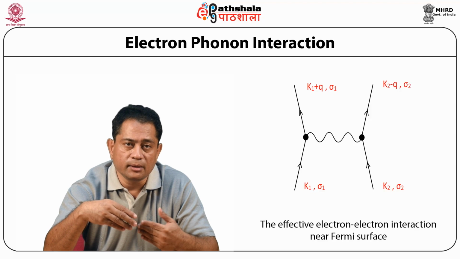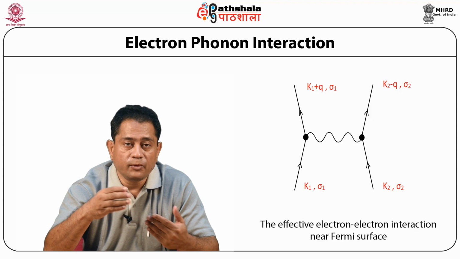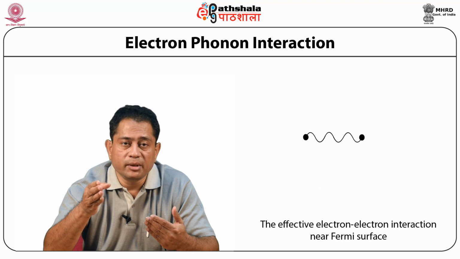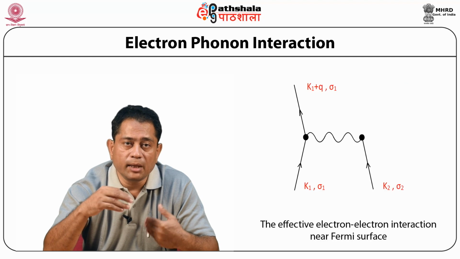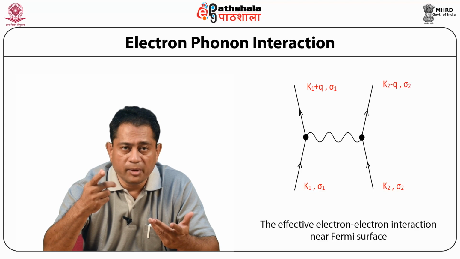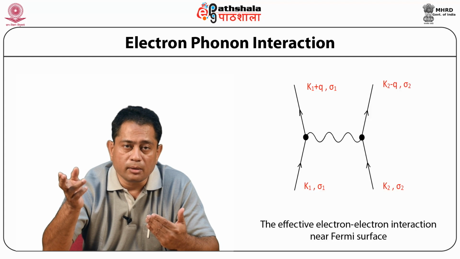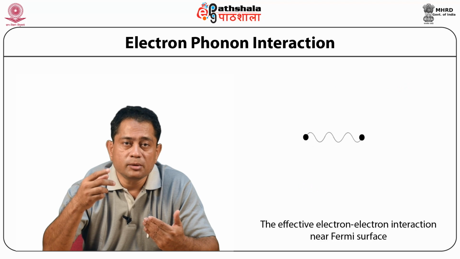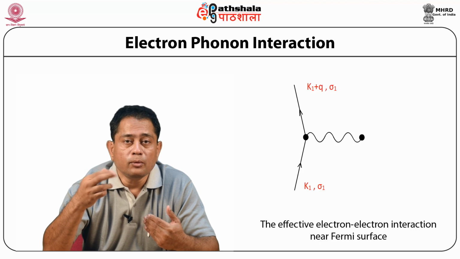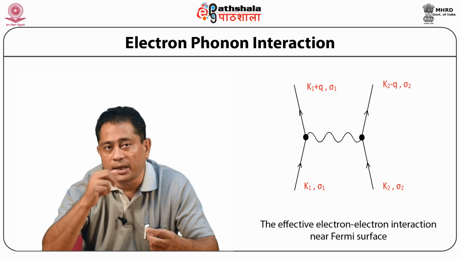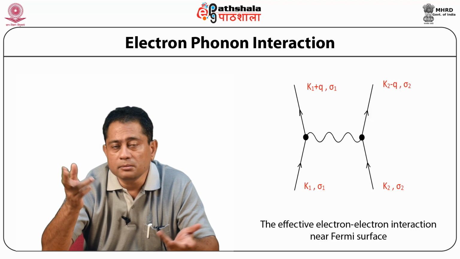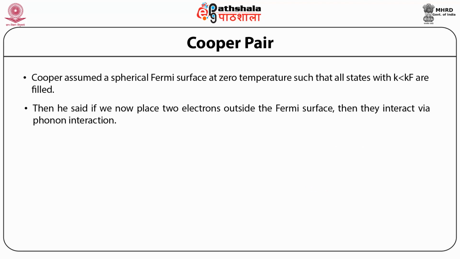You can clearly see here the electron with wave vector k1, spin sigma 1, becomes k1 plus q, and the spin remains sigma 1, and the other electron k2, sigma 2, becomes k2 minus q, with spin sigma 2. You see, this is what we have mentioned, that the 2 electrons are indirectly interacting via the phonon.